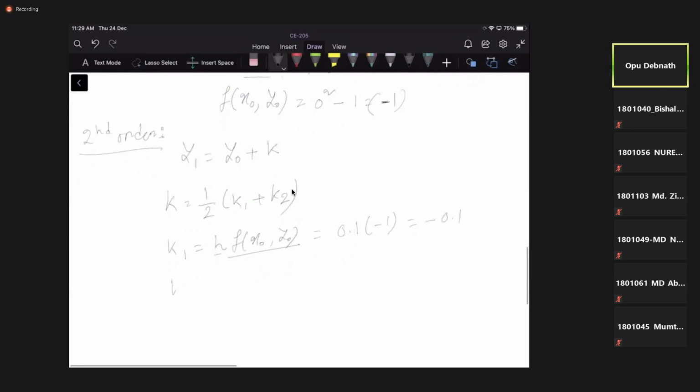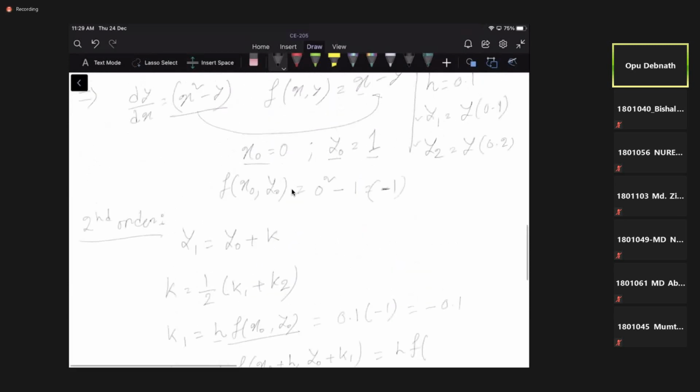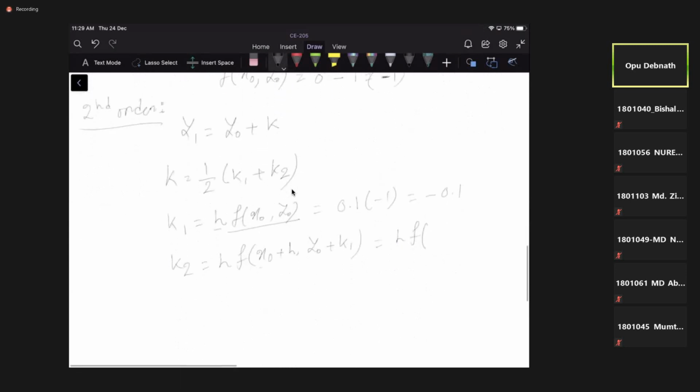Then k2 will be h f of x0 plus h, y0 plus k1. Our x0 is 0, and if we add the h value 0.1, that is f of 0.1, and y0 plus k1.